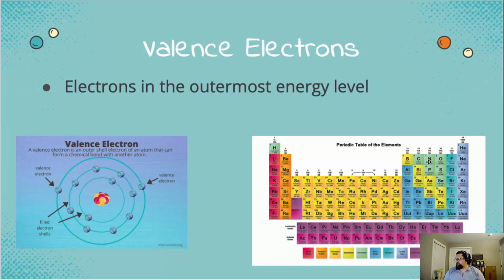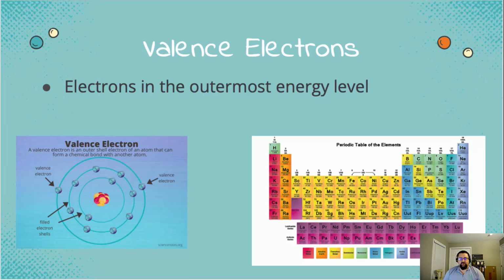So if you say, how many does nitrogen have? Well, nitrogen's in the 5th column, so it must have 5 valence electrons. But also, if you did the electron configuration of nitrogen, what you'd find is that nitrogen has in the outermost energy level the 2s2 and then 2p3.